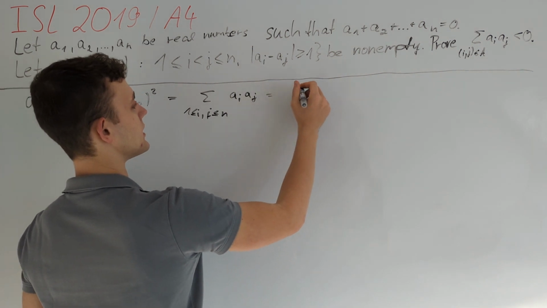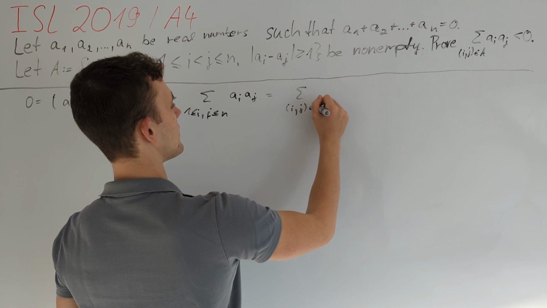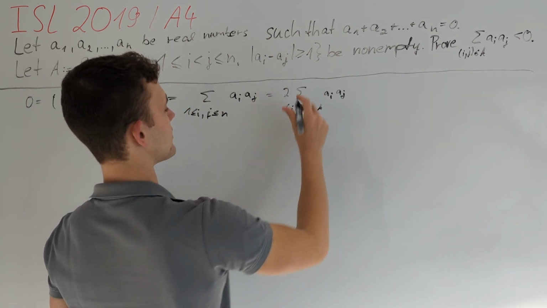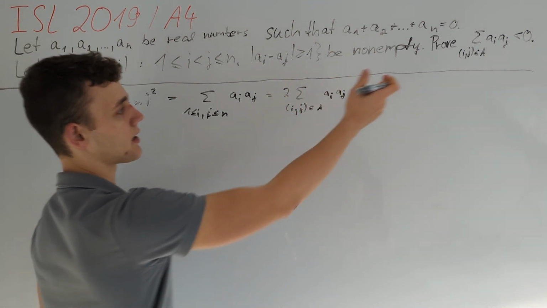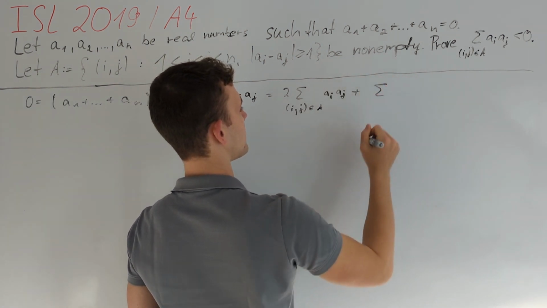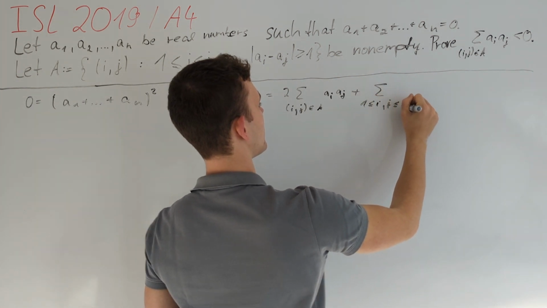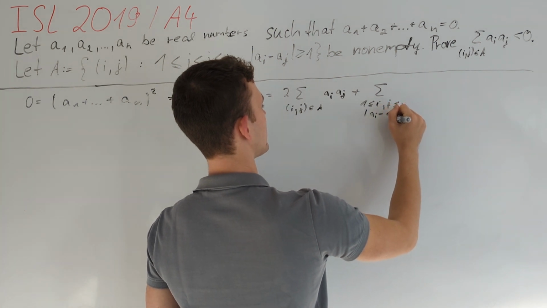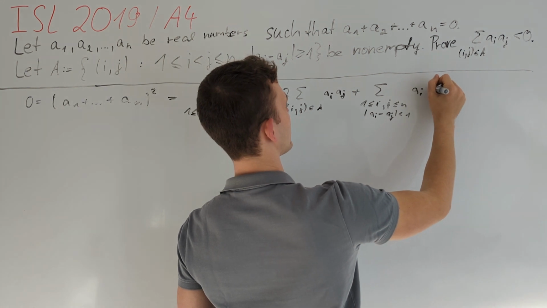And this is equal to the sum over (i, j) in A of ai aj times 2, because here we have order, and then we have to add all of those terms that are left out in this sum. So we also must add the sum over i and j between 1 and n, where the absolute value of ai minus aj is less than 1, of ai aj.